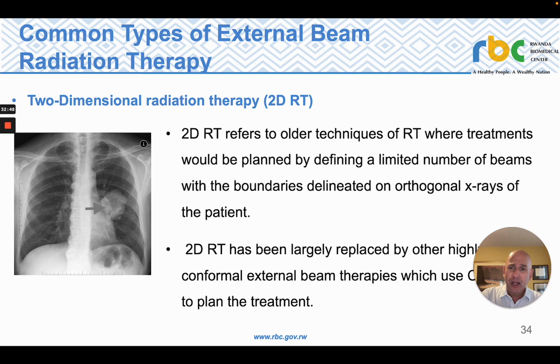Here you see a tumor in the lung area, so you would basically define the area you want to treat, which may be the tumor and some adjacent nodal areas. You would come up with a fairly simple plan and proceed. 2D radiotherapy has largely been replaced by other highly conformal external beam therapies, which are used to plan the treatment.